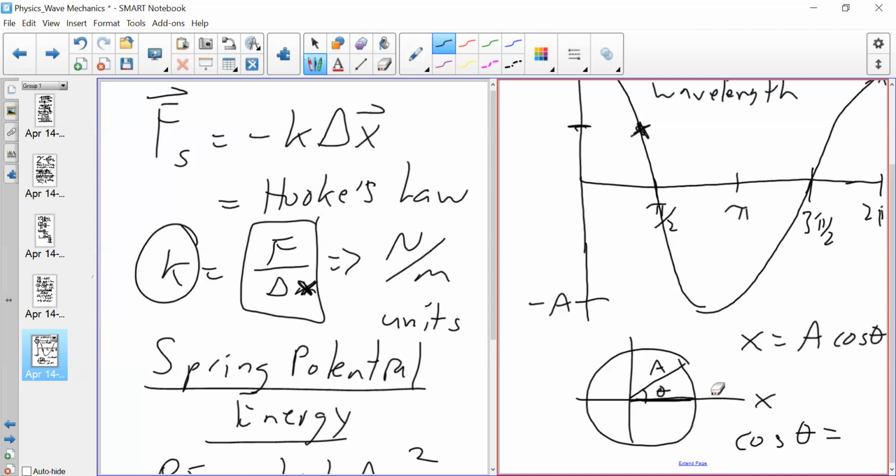So this is going to be x divided by A. So this is x, right? And this will be our arc length that we can call r theta, but delta theta, which is omega t.